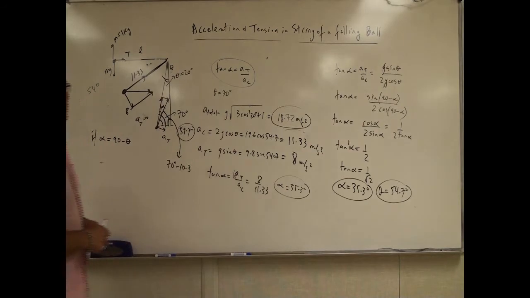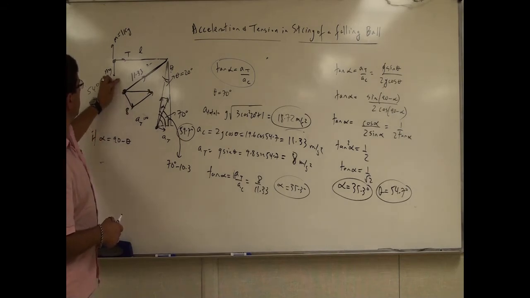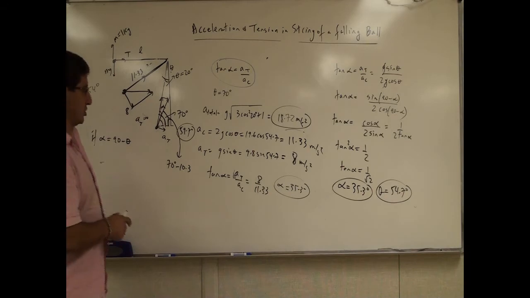You see? Another question we could ask is, at what point are A tangential and A centripetal the same? At which point does that occur? Well, it probably occurred before this point. You see how the A tangential is already smaller? So probably somewhere here, A tangential was already equal to A centripetal. So when does that occur?